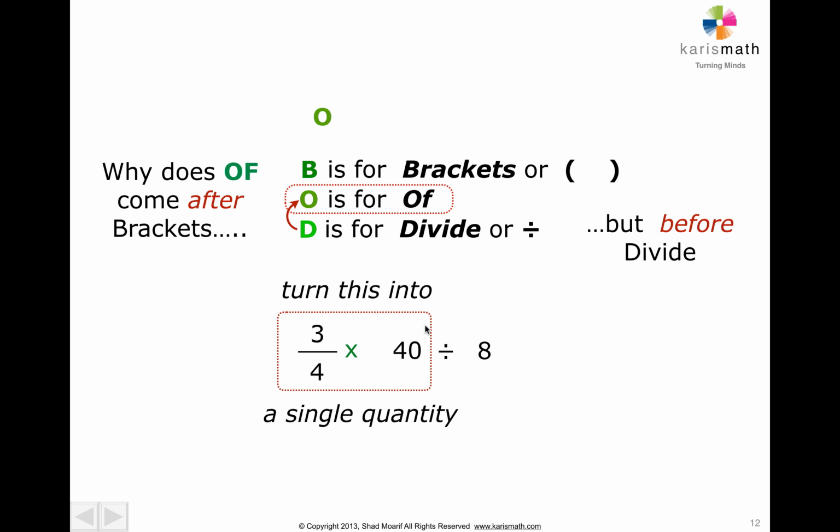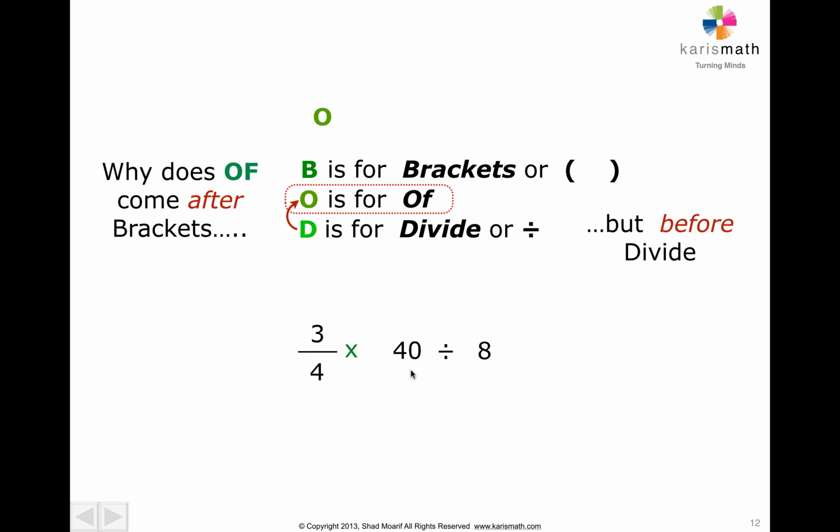Turn this into a single quantity. So that is 3/4 times 40, which is 30. Well, 30 divided by 8 is 15/4, which is 3 3/4. That's the answer. So that's another way of looking at it, to try to explain to yourself why of falls between brackets and divide.